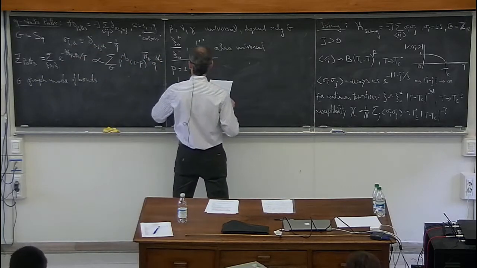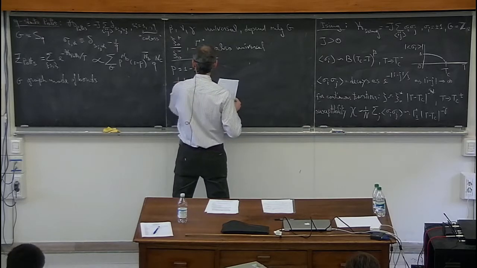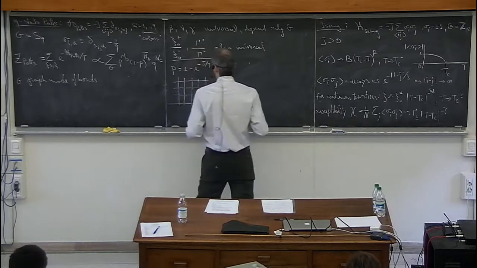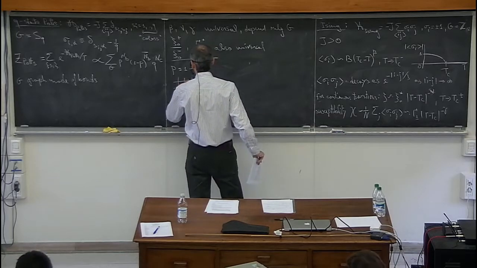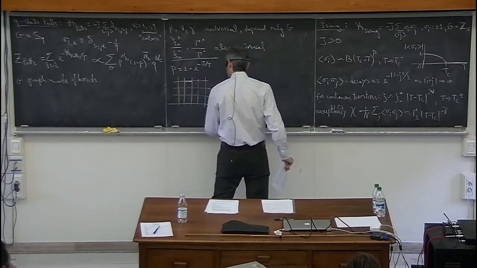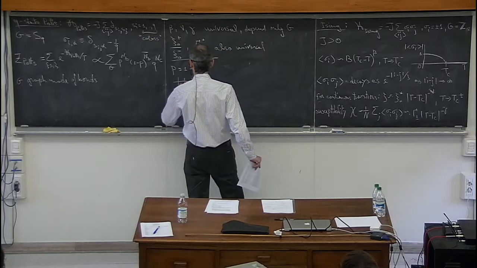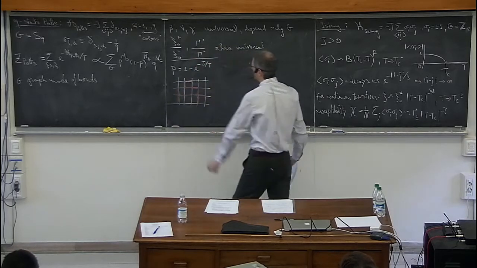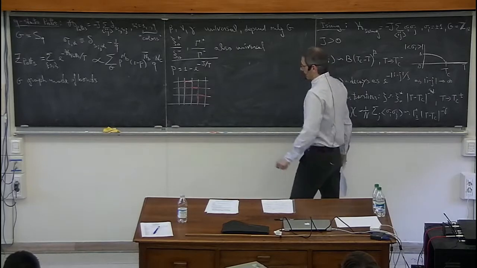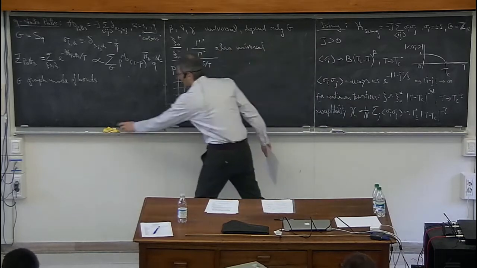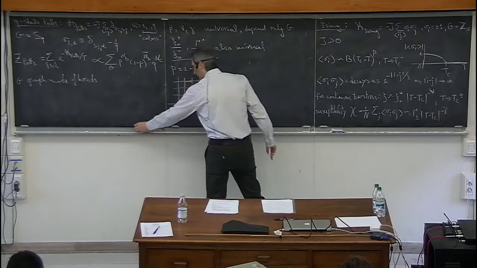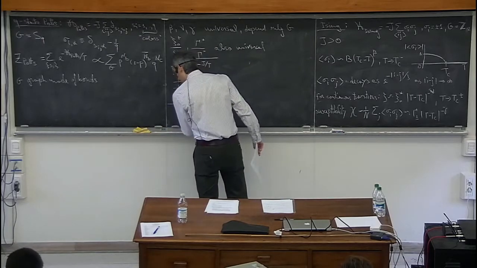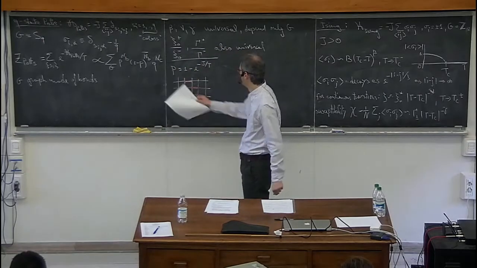So we will have the lattice, and a graph will be a collection of bonds put in all possible ways. Each configuration of bonds will be a graph, and you sum over all of them.